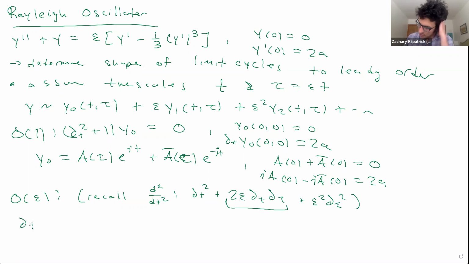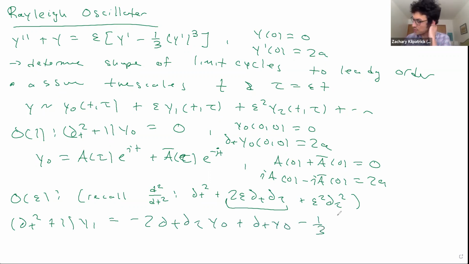So what we have is (dt squared plus 1) of y1. That's our homogeneous part, minus 2 dt dtau y0 plus dt y0 minus a third (dt y0) quantity cubed.